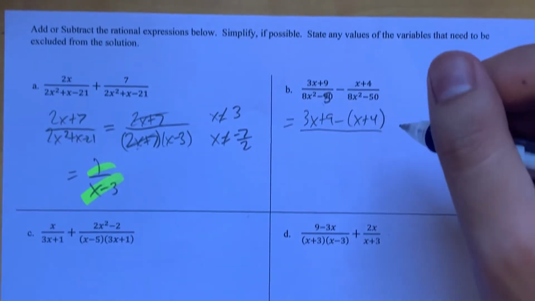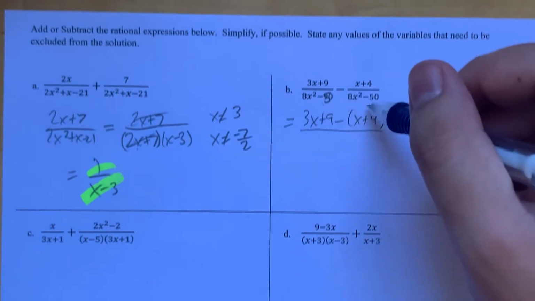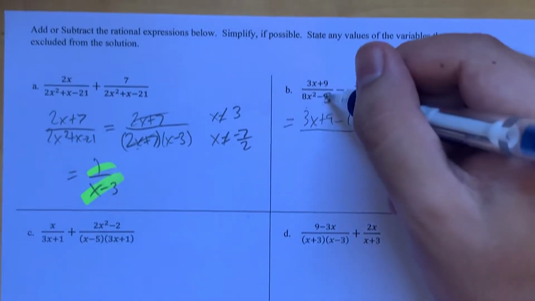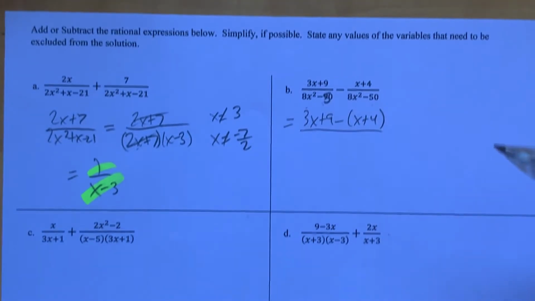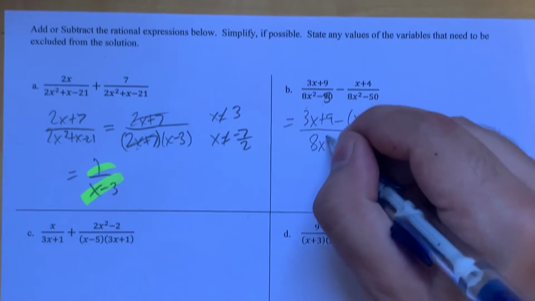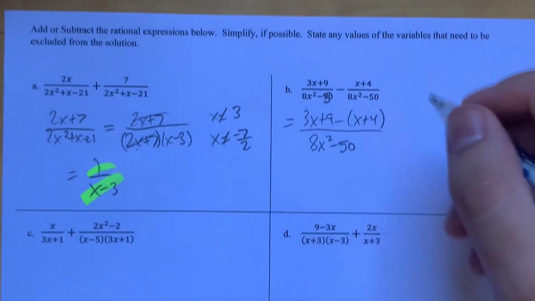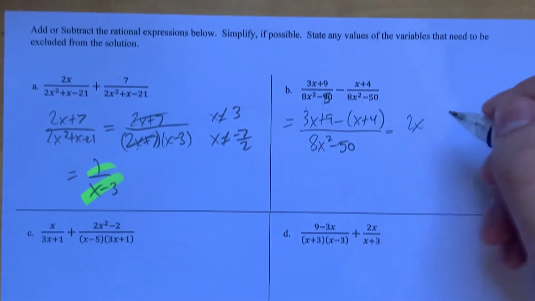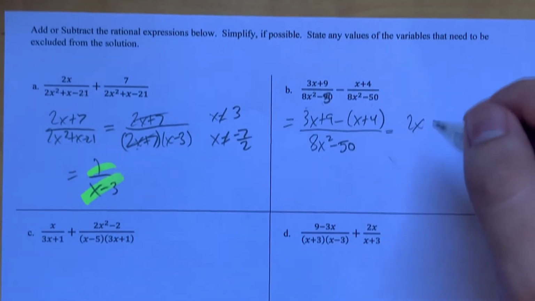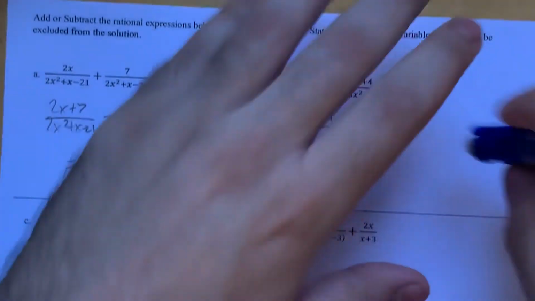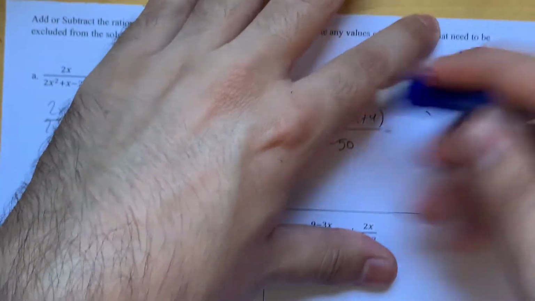Or that would be really, really hard to solve, because then you'd have to multiply both by each other. So that is a 5-0. Hopefully you can see that I wrote a 5. My bad. 8x squared minus 50, which would equal, remember, distribute the negative, so we have 2x, and then 9 minus 4. Well, I'll distribute it in the next one so you guys can see it. I shouldn't jump steps. All right.